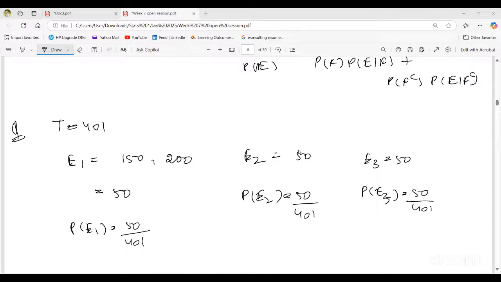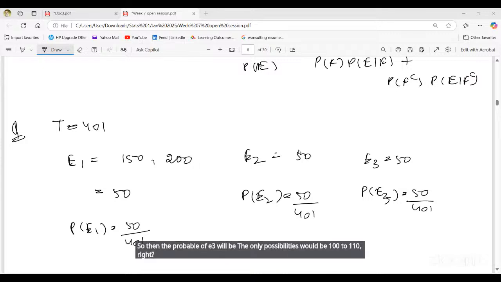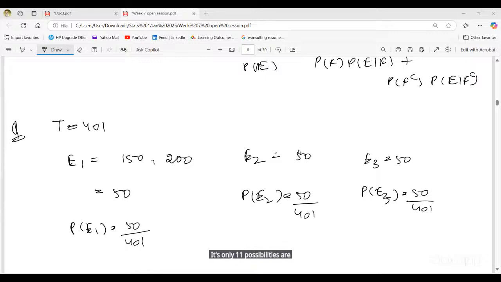So then the probability of E3, the only possibilities would be 100 to 110, right? So only 11 possibilities are there.